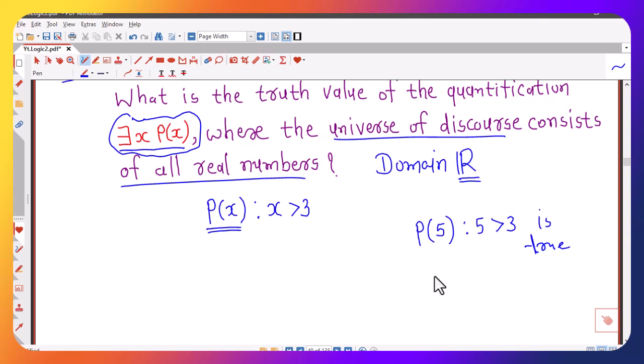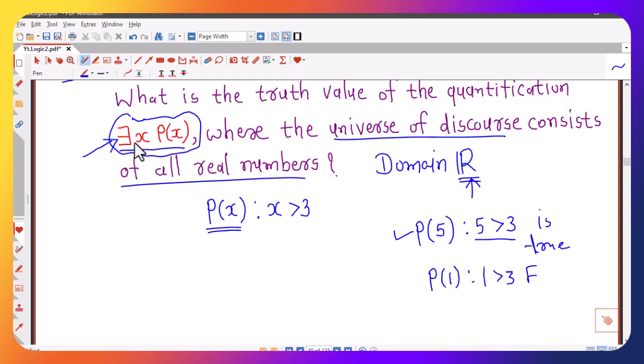If I consider x equal to 1, then I will have p of 1, 1 greater than 3, which is false. But for this existential quantification to be true, we require at least one x in the given domain such that this is correct. So we have obtained that for x equal to 5, this is correct.